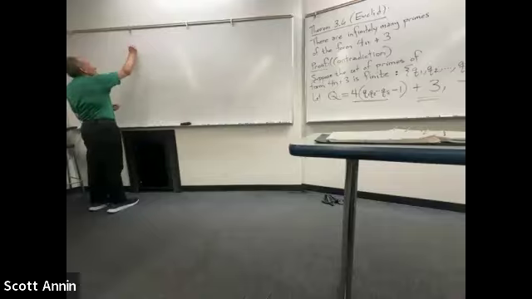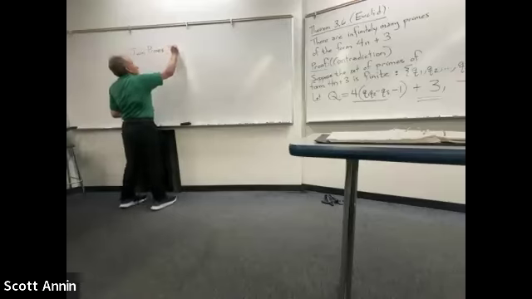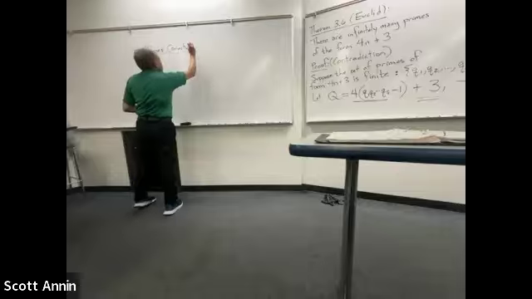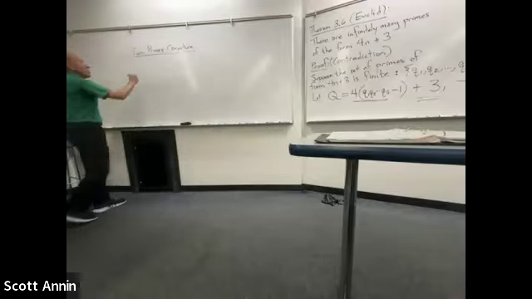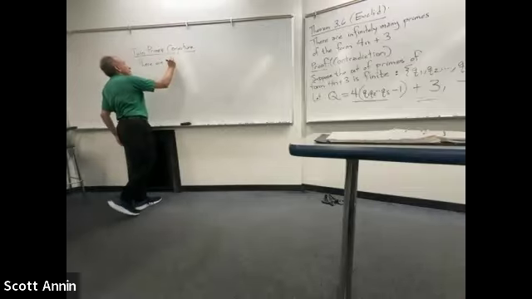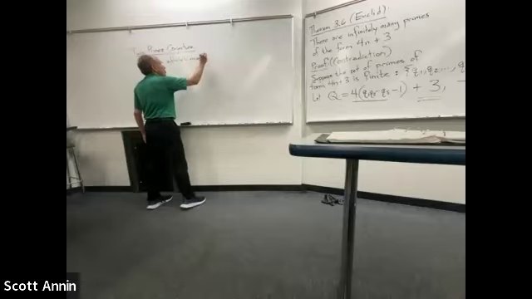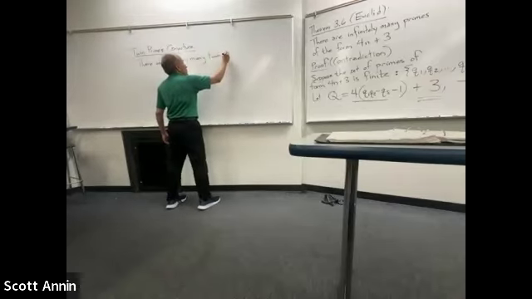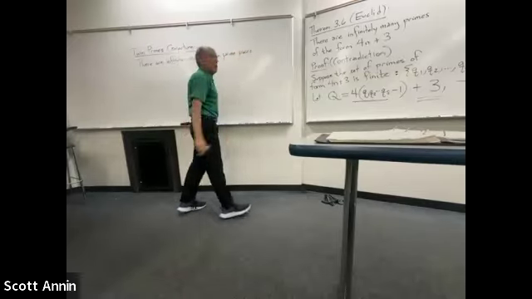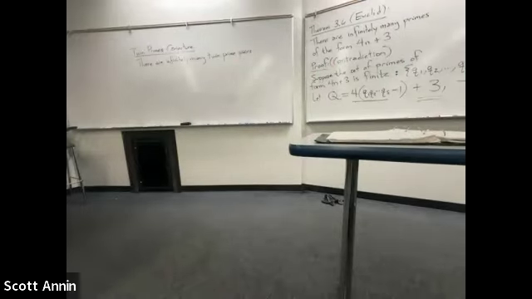So yeah, the twin primes conjecture is the following. This is a bit of history. There are infinitely many twin prime pairs. There's infinitely many pairs that consist of twin primes.